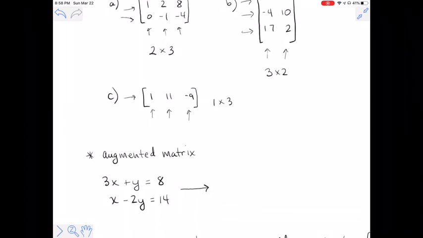Where we're going to see the most usefulness from matrices is converting a system of equations into a matrix. It's what's called an augmented matrix. So right here, I've got a system of equations, 2 equations, 2 variables.